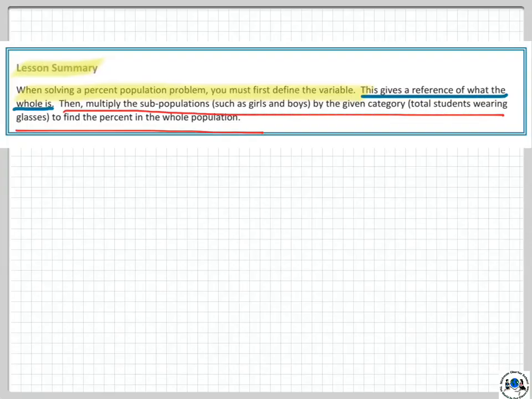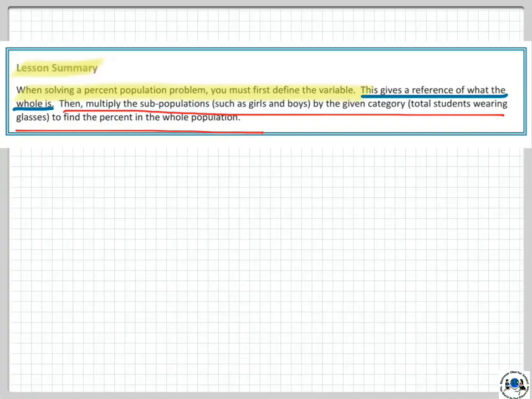This gives a reference of what the whole is. We're straight out percents. We never had a number other than a percent pop up in all these problems. So you can then multiply subpopulations such as girls and boys by the given category, total students wearing glasses, for example, to find the percent in the whole population.